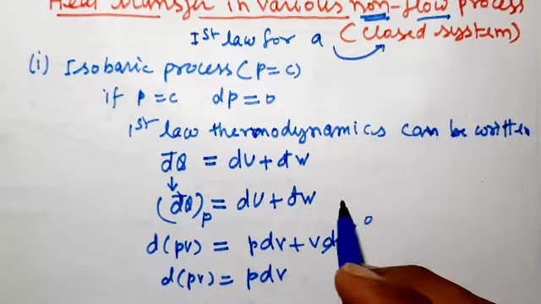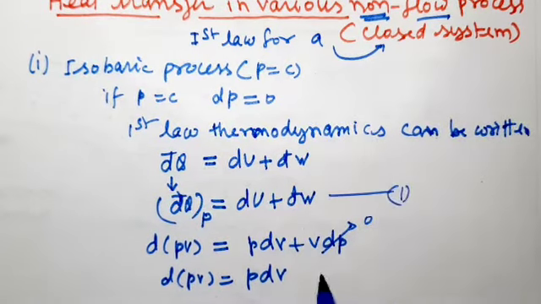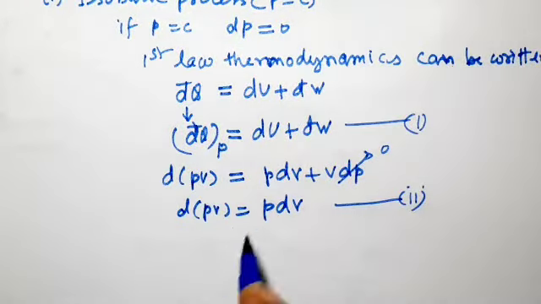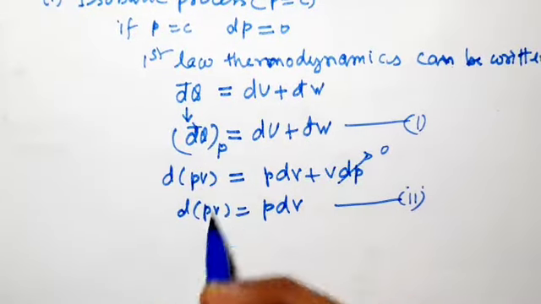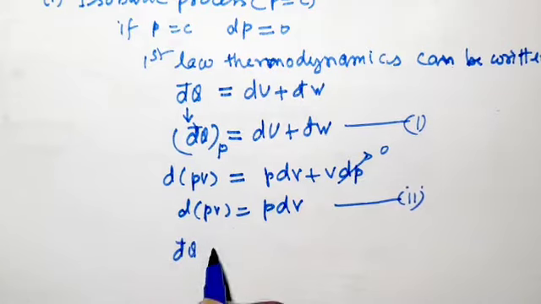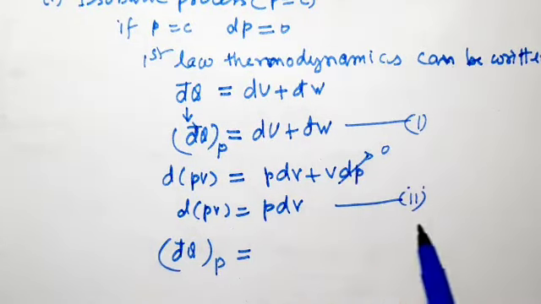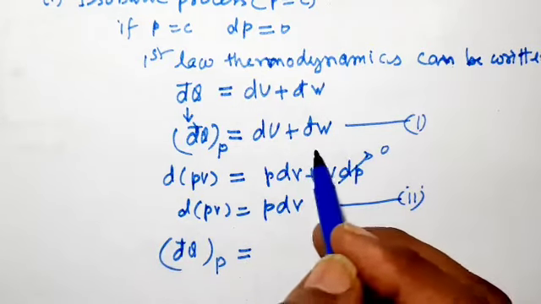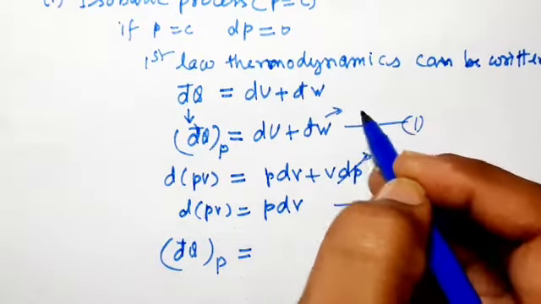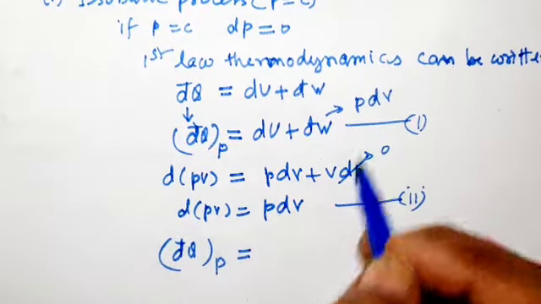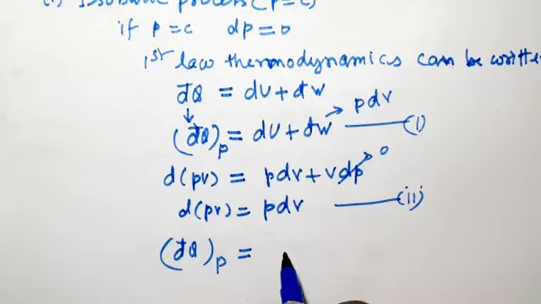So this is our equation first, and this is our equation second. From equations first and second we can say del Q suffix P is equal to dU plus del W, where del W is equal to P dV.